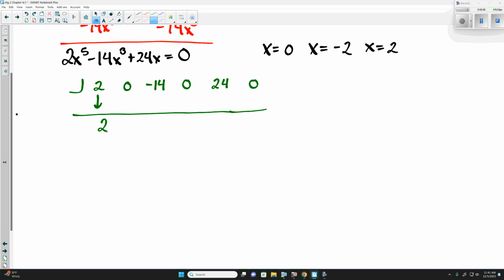Now, out of the three solutions we have, which one do we want to try first? 0, -2, or 2? -2. And we'll go through the synthetic division process.